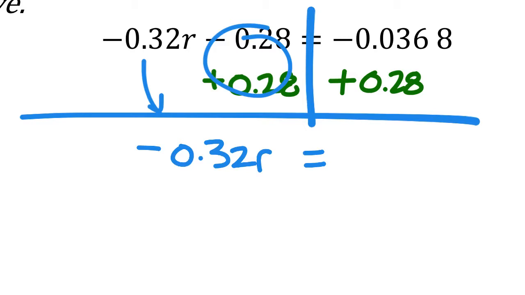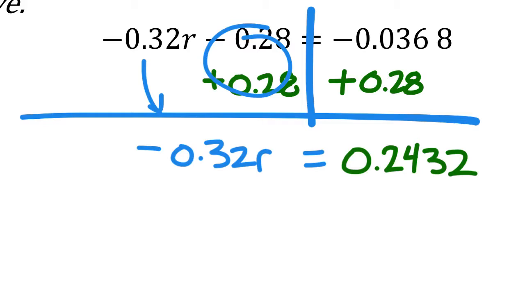That gives us, that's positive now, positive 0.2432. So this is now isolated the variable so that it's on its own side of the equal sign by itself. It's not being added or subtracted in anything.